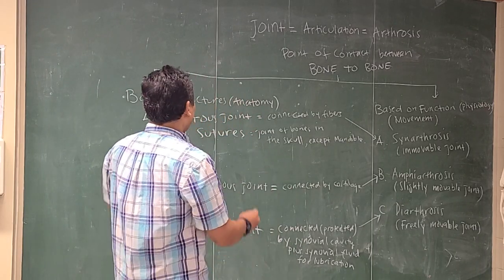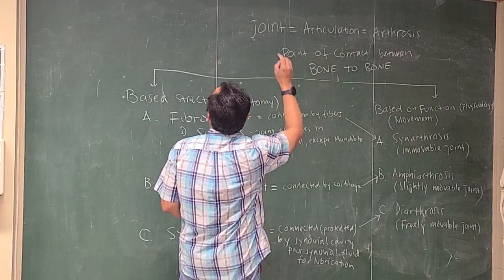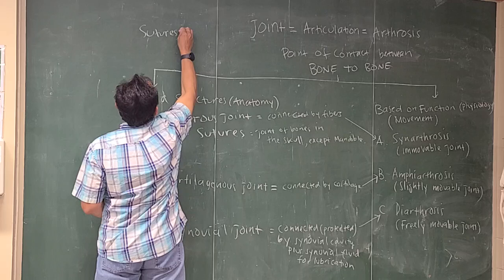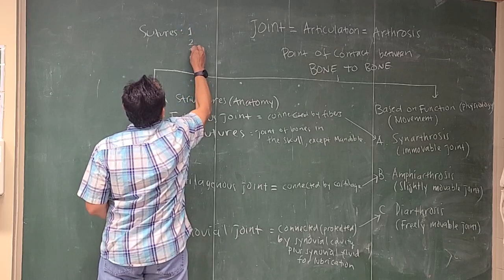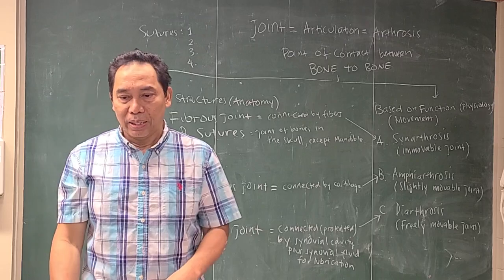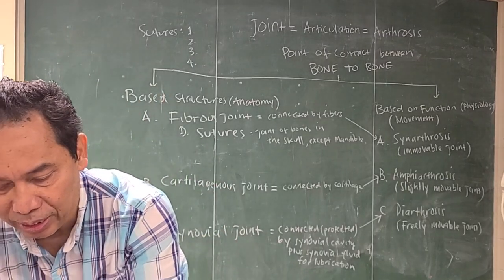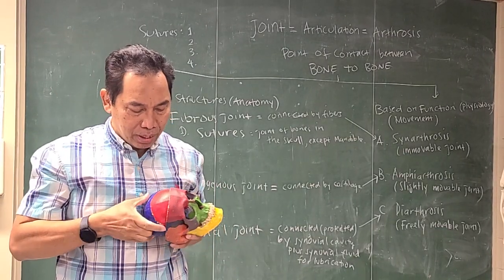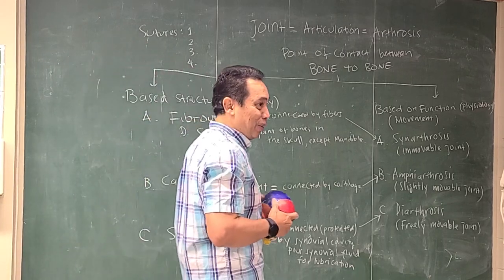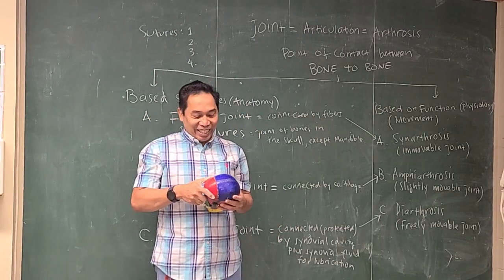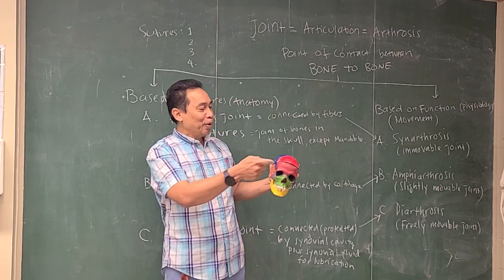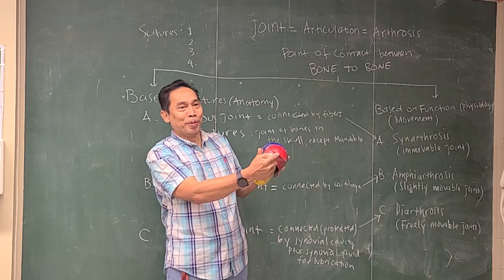Okay, now this suture, I'm going to put it here. Suture, there are 4. I think you already have this one in the last lab. We're going to use the cranium as an example of the suture. Let's say this is just like in the lab exam. What is the name of this bone? Frontal.